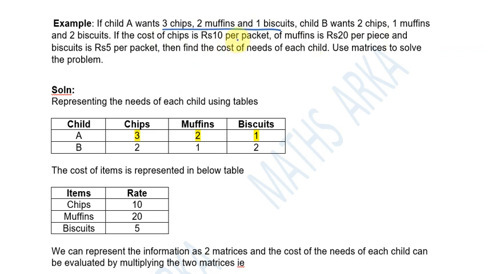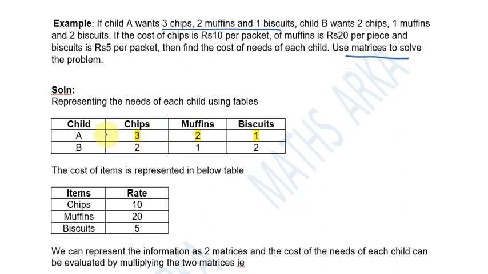The cost of each thing is given: chips are rupees 10, muffins 20, biscuit rupees 5. This information is captured over here. What we need to find is the cost of the demands of each child, and you have to use matrices to solve the problem.